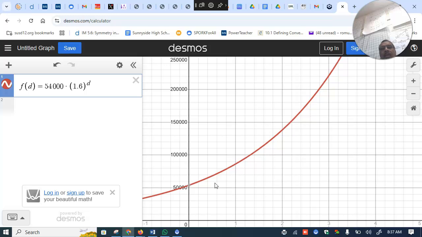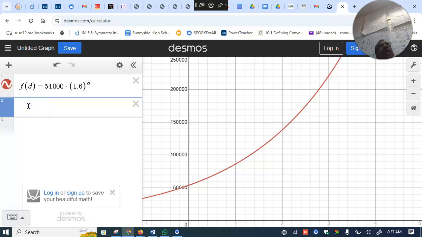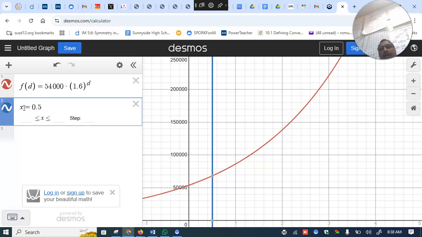Okay. But if I want to really find the exact one, this is what you do. Over here, next, you write down d equals 0.5, but it doesn't accept that because the software will put x equals 0.5.